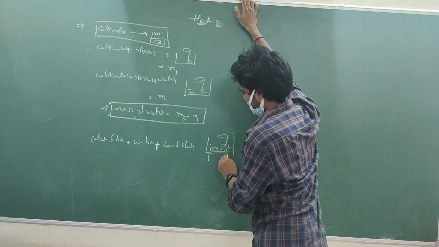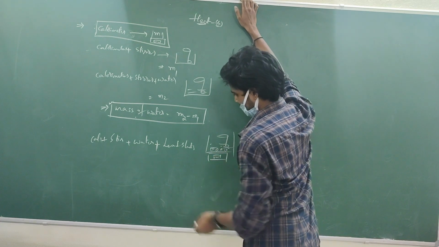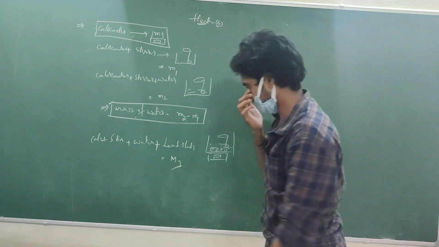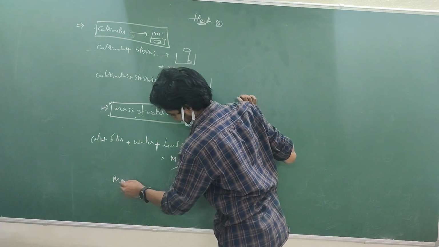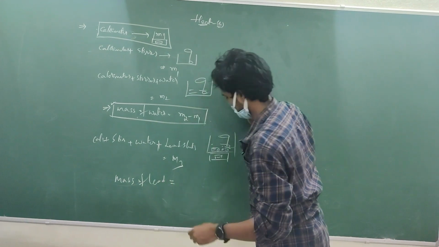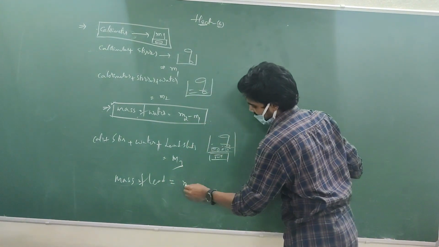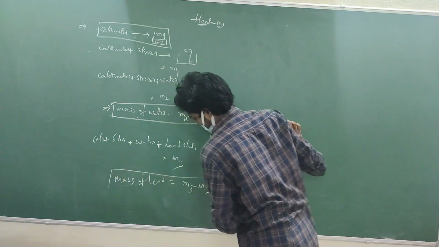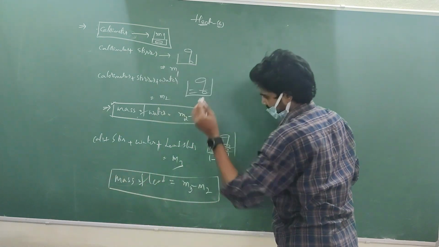If we weigh them we will get some weight again, and we will consider that weight as m3, yes. Now to find the mass of only the lead shots, we will simply subtract m3 minus m2, right. So this is also very important, you need to remember this also.